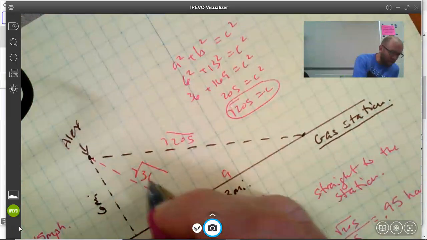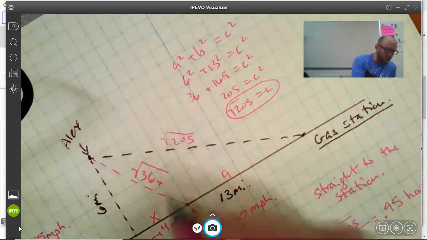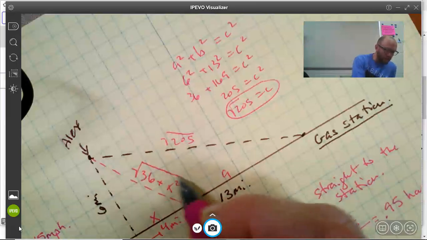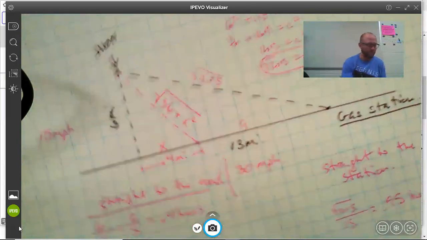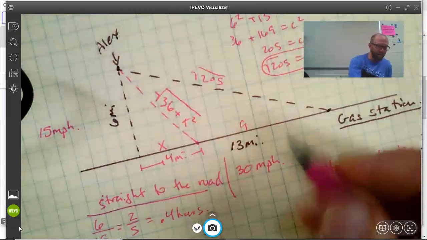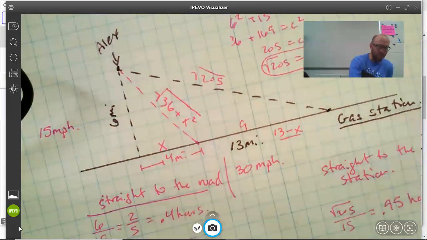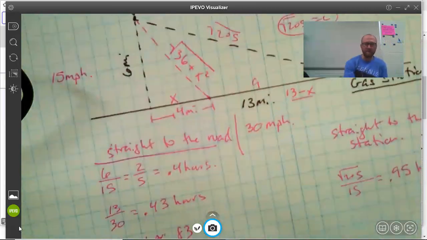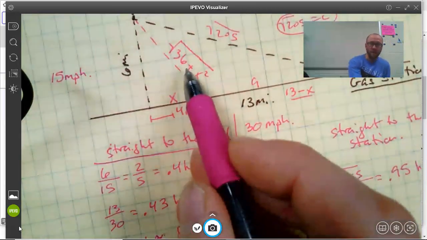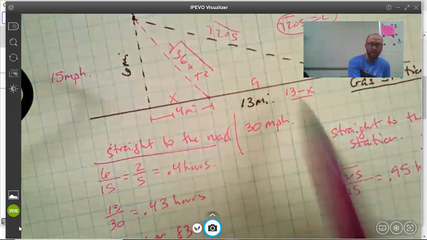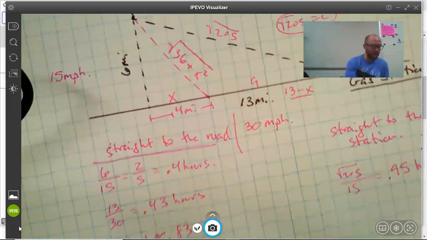We've got 36 plus x squared right there, under a square root. And then the remaining distance after we take x away would just be 13 minus x. We can travel this portion at 15 miles per hour and this portion at 30 miles per hour.